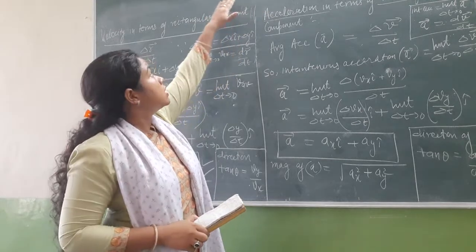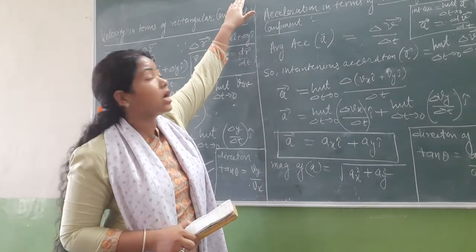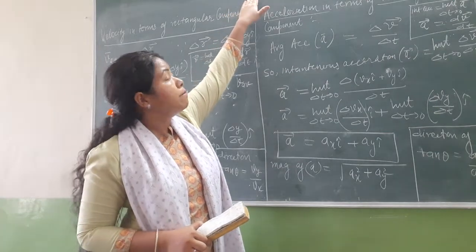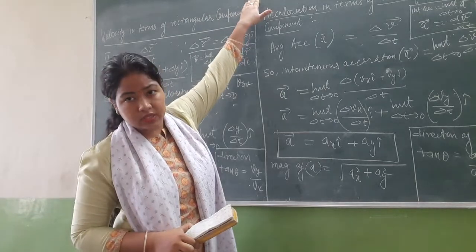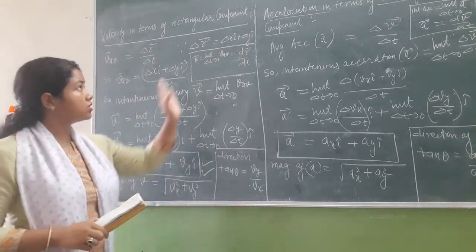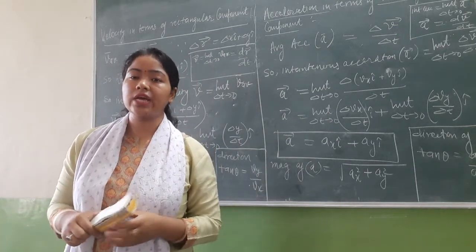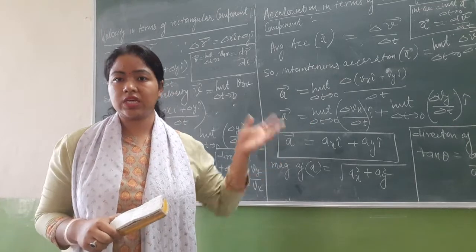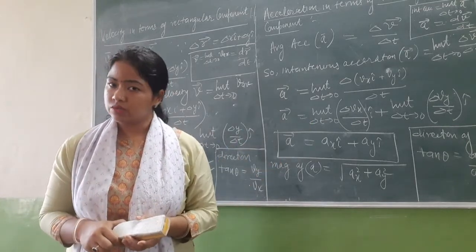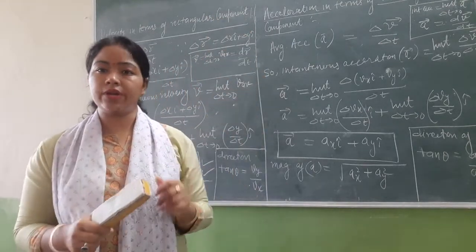That means 2 is the magnitude of the velocity component along the x-axis and 3 is the magnitude of the component along the y-axis. We are not given the equation directly in terms of t like 2t square plus 4t, whatever equation we had in chapter number 3.